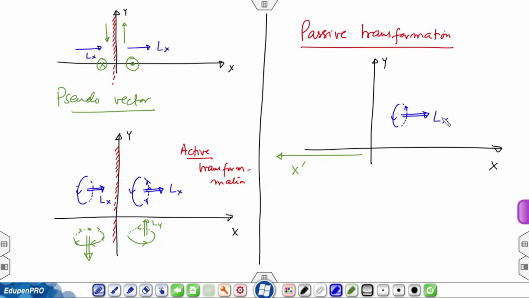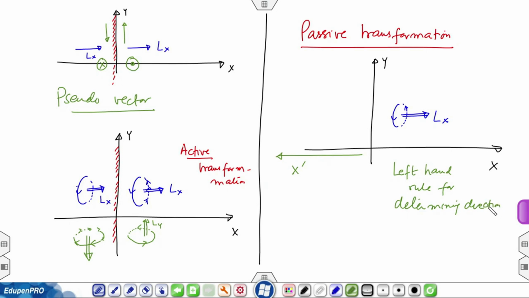In the reflected frame, or reflected coordinate axis, now I will be using left hand rule for determining direction.